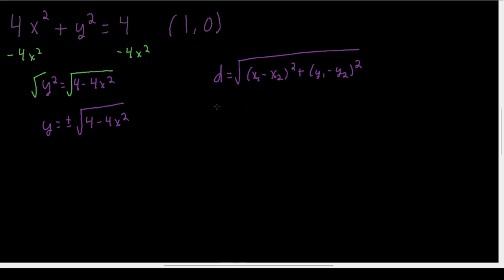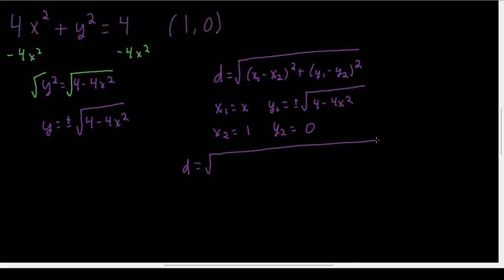We're going to let x1 equal x, and y1 be equal to plus or minus the square root of 4 minus 4x squared. We're going to let x2 be equal to 1, and y2 be equal to 0. So with these values, our equation should look like this.